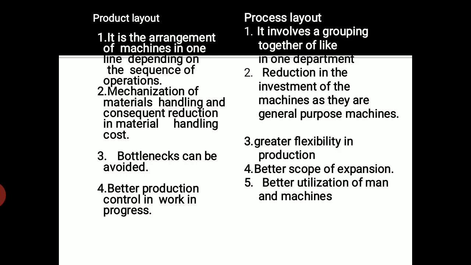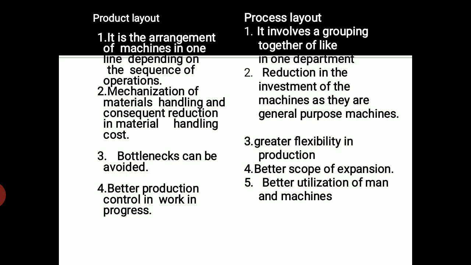If a car is entering for the car wash, then the entry gate is different and the exit is different, and one by one it goes for wash, soap wash, rinse, the manual rinse, and likewise. That means one by one the process goes on, and on the other side is the exit gate. So hardly can we see any kind of congestion as far as product layout is concerned. All these advantages are available. Why are we studying here? Because all these advantages are available to the combined layout also.